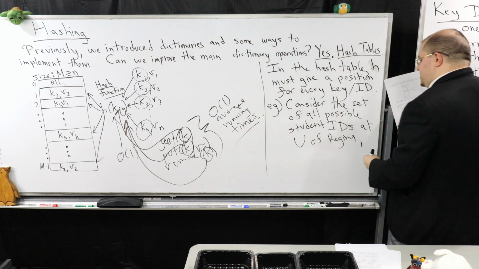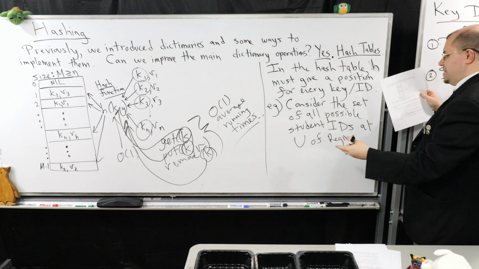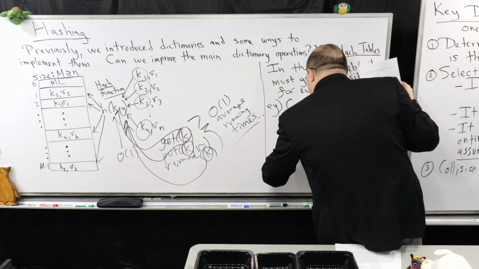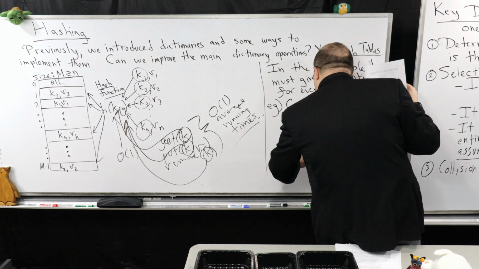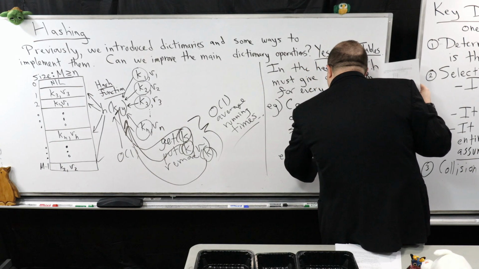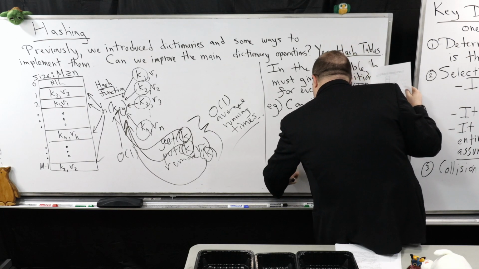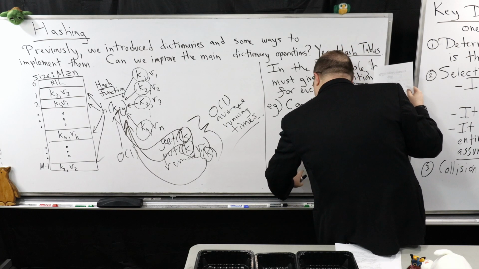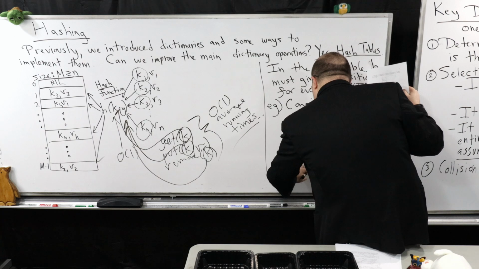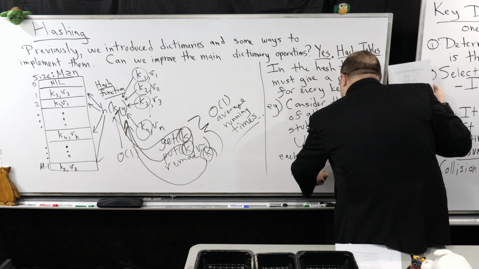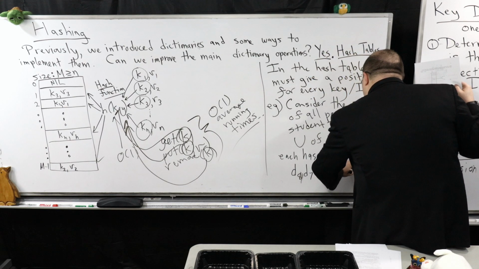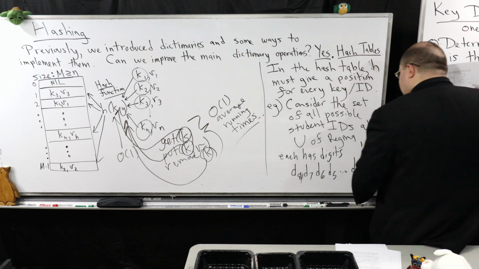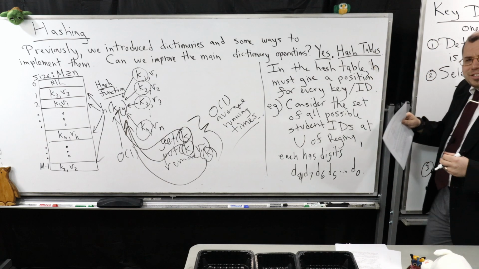Each of them is going to have digits. Each has digits, we'll go D8, D7, D6, D5, all the way down to D0, because it's 9 digits, right?